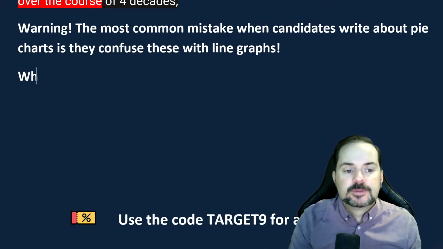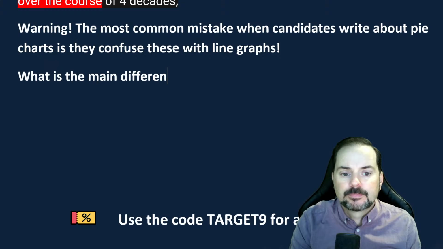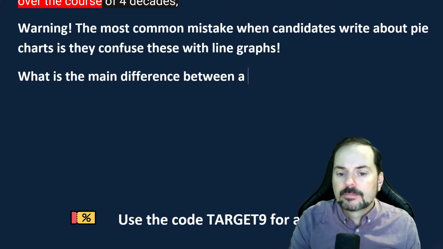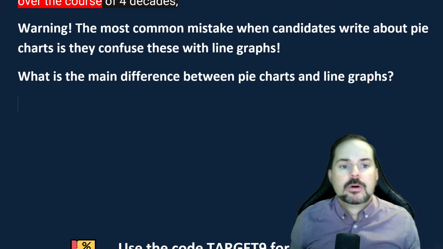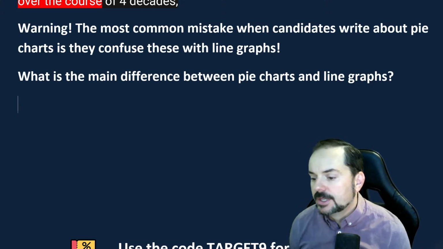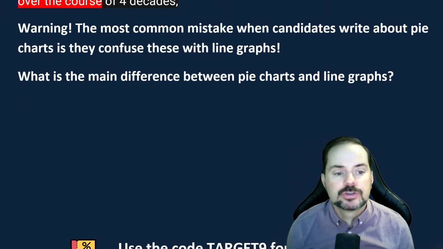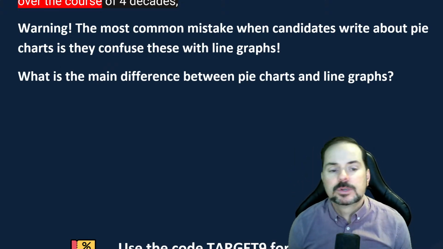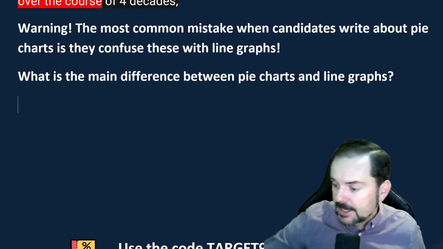What is the difference between a line chart and a pie chart? They're definitely not the same. So, Sanjay, very important for you to learn this, because I can see you made this mistake right away in your introduction. So what's the main difference between a pie chart and a line graph? Can you tell me that?